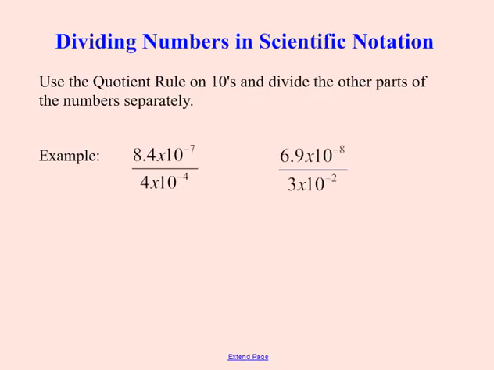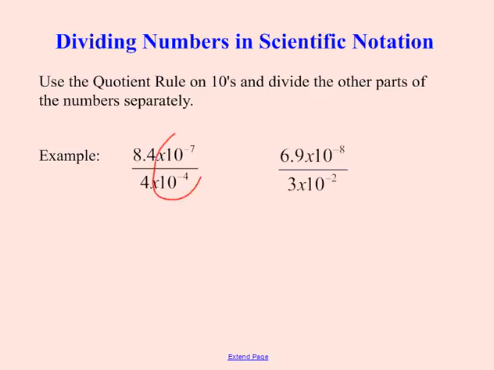All right, finally we're going to talk about dividing numbers in scientific notation. It says use the quotient rule on tens and divide the other parts of the numbers separately. Again, the quotient rule says that when you divide with like bases, you are subtracting your exponents. So, in our first example, 8.4 times 10 to the negative 7th divided by 4 times 10 to the negative 4th.